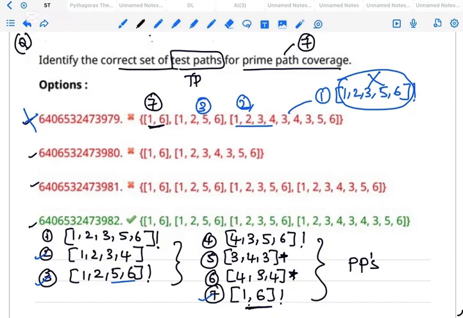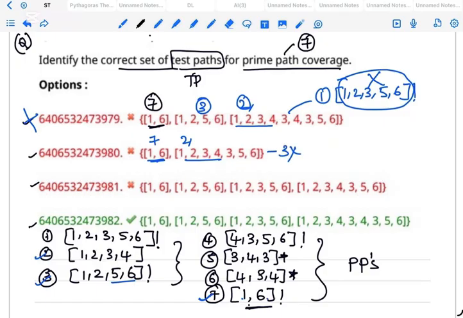Next we check the second option. 1 to 6 is covered here. Next, 1 2 3 4 is covered, so prime path 2 is covered. 1 2 5 6 is not covered, so prime path 3 is not covered.